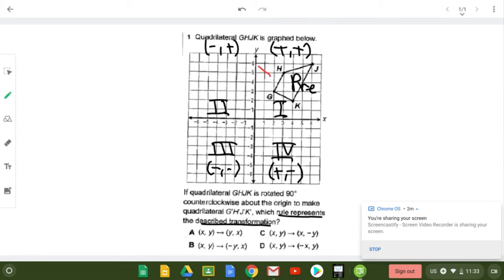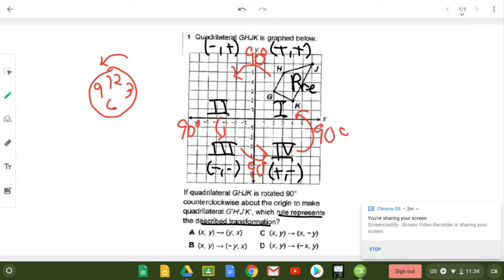So from quadrant 1 to quadrant 2 is going to be a 90-degree change, and I'm going counterclockwise, which means if I was looking at a clock, 12, 3, 6, and 9, I'm going that way. From quadrant to quadrant, from 1 to 2, from 2 to 3, you get 90 degrees. From 3 to 4 is 90 degrees, and from 4 back to 1 is also 90 degrees.